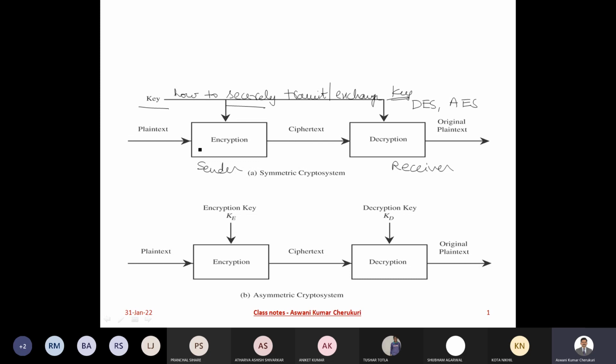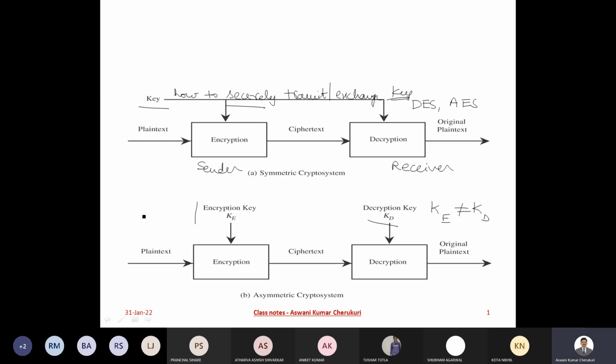Now, imagine if we don't have the need to securely transmit the key, in the sense I encrypt with one key called KE, and I decrypt with another key called KD, so your KE is not equal to KD. Okay. In such case, do I have the burden of securely transmitting the encryption key in the second scenario?